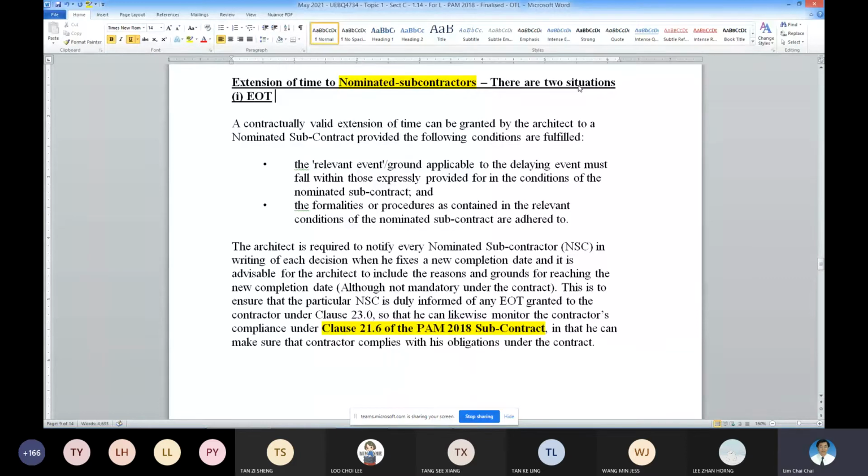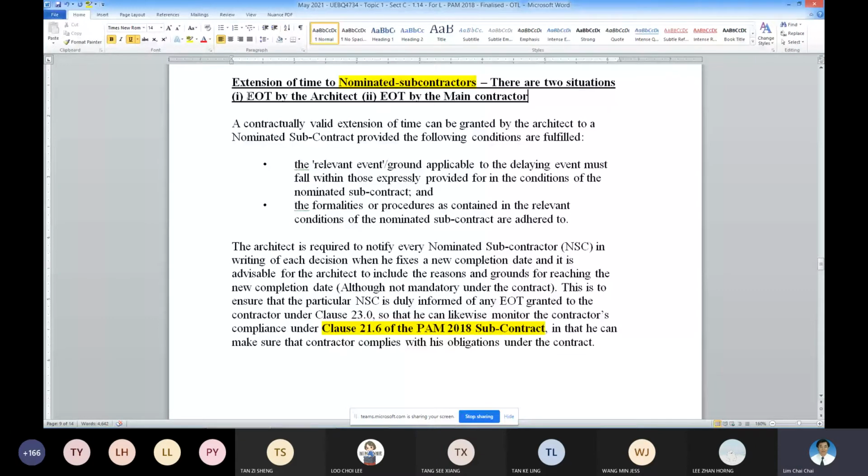And number two, EOT by the ID. So this NSA has two categories. Situation one, EOT by the architect. Okay, so this one is extension of time by the architect.